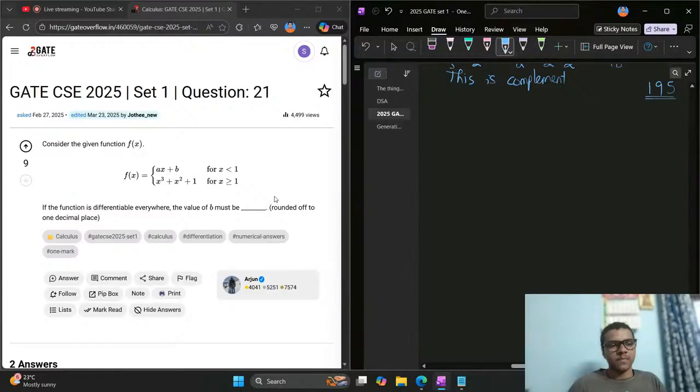So we were given a sort of function. The function is differentiable everywhere. Now we are coming to calculus. The value of b must be, so limits and derivatives, rounded off to one decimal place.